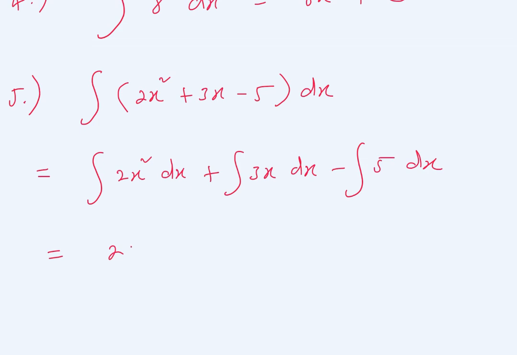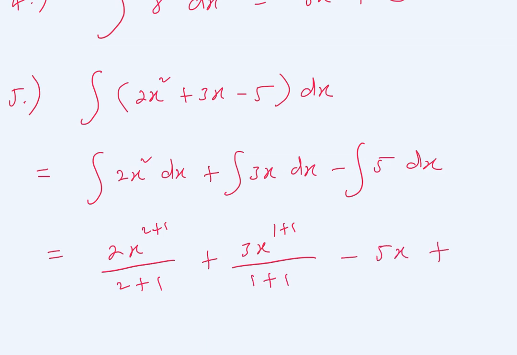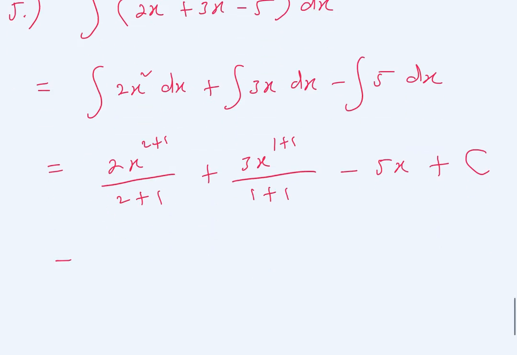So it's 2x to the 2 plus 1 over 2 plus 1, plus, then we do this one, it's 3x to the 1 plus 1 over 1 plus 1, minus 5x plus c. So in this case, we're going to add the c obviously at the end. So there we go, we've simplified.